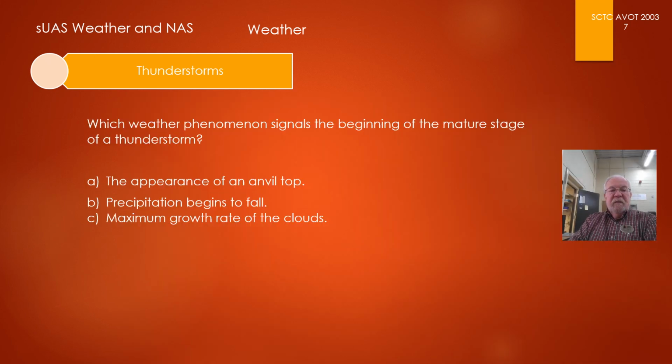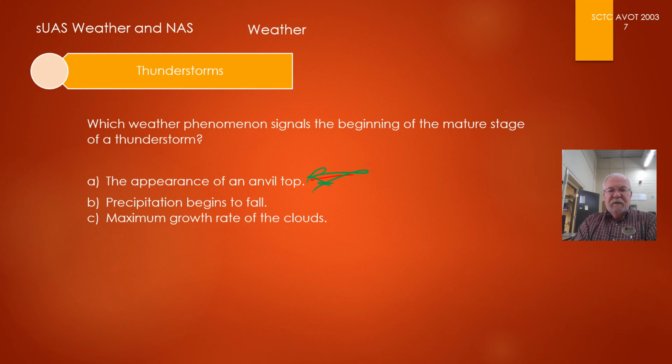Okay, all right. Which weather phenomena signals the beginning of the mature stage of a thunderstorm? There are a number of questions related to the stages of the thunderstorm. That's why I made a big deal about it. Anvil top is typically the dissipating stage. Not necessarily.